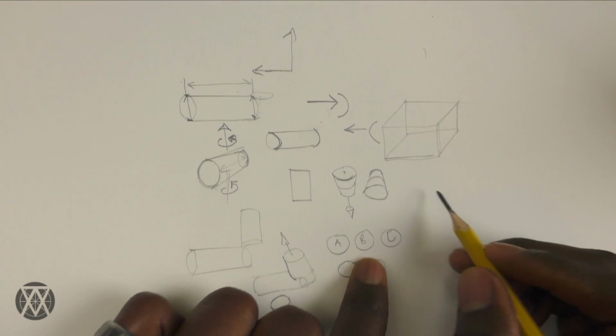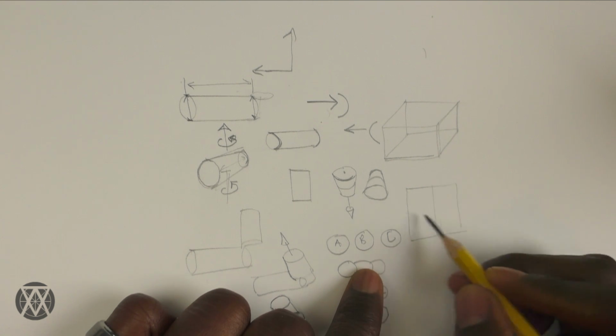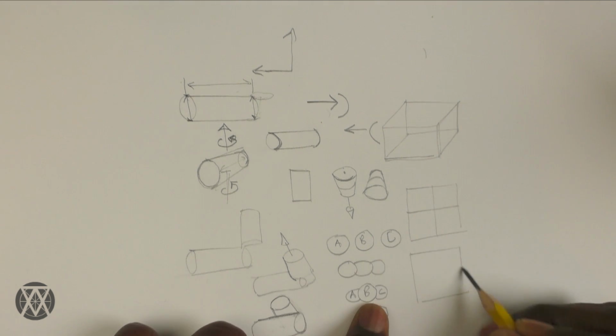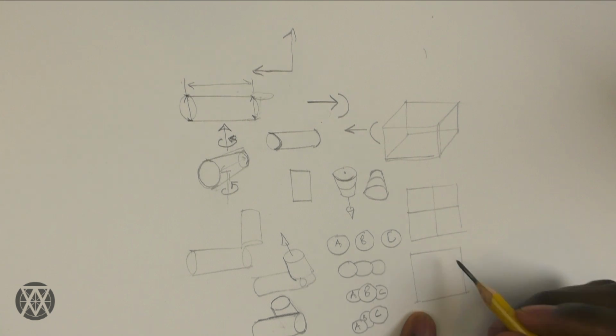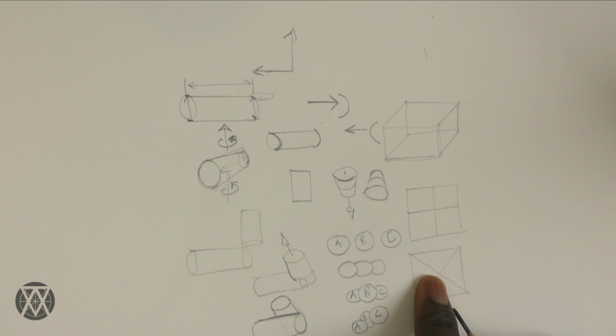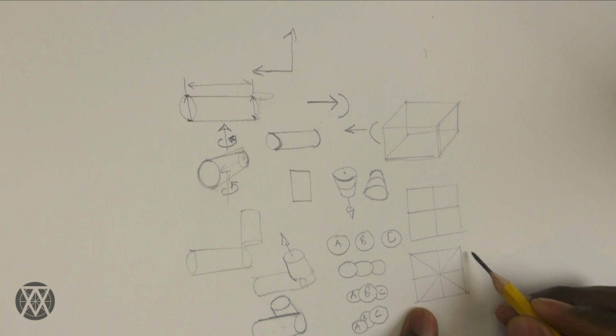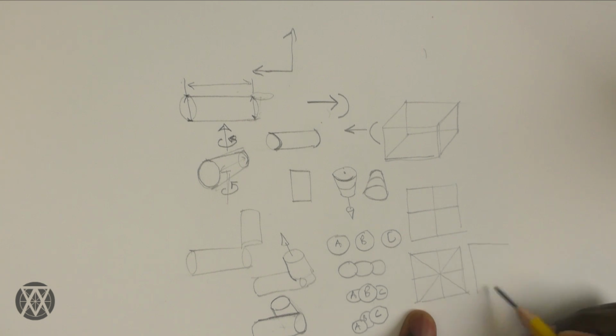Now, in addition to this, it's good to think of how to draw a simple square in perspective. So remember, I shared before that when you're drawing a square, once you put a cross like that, that tells you where the horizontal center is and where the vertical center is. And of course, when you're drawing things in perspective, the same principle applies.